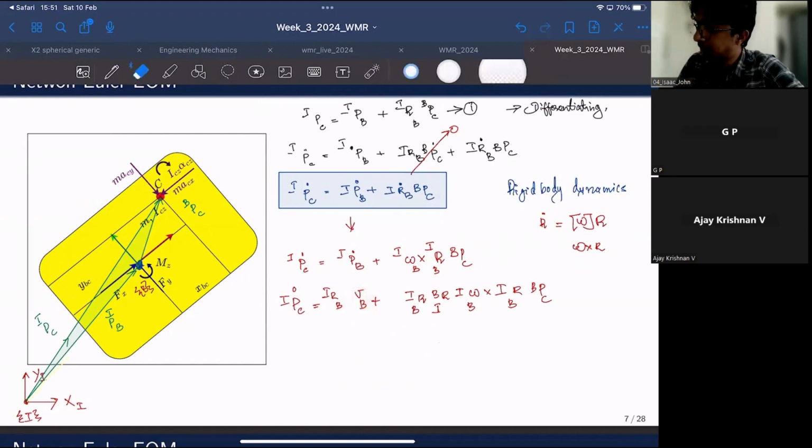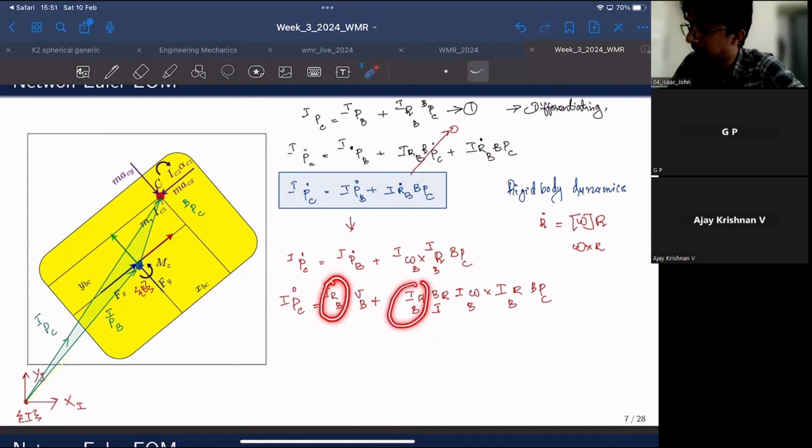And with that, we can simply take everything. This IRB is common for all these terms. IRB is common here, IRB is common here, IRB is also common here.